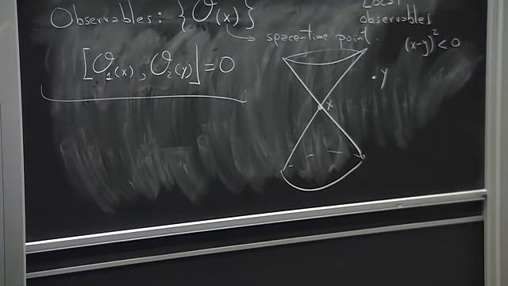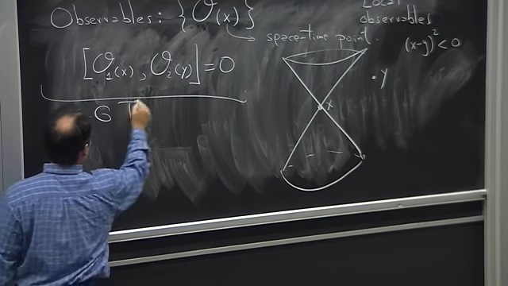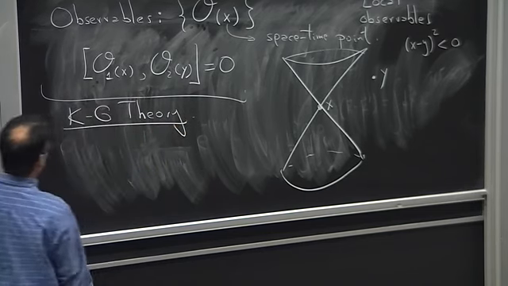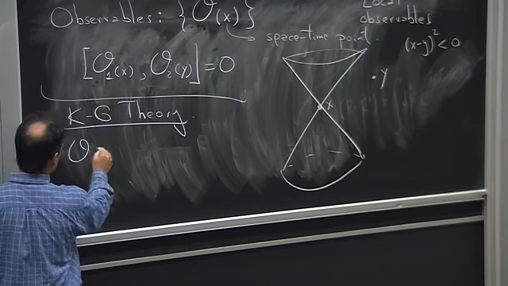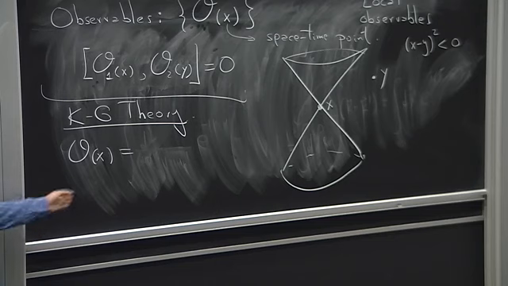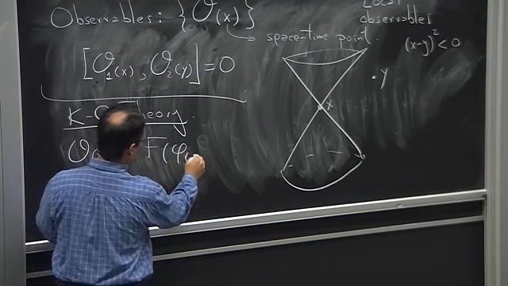Now, for our scalar field, what are the possible local observables? Well, we don't have much, right? We have just the field phi. So for our Klein-Gordon theory, what kind of observables can we imagine constructing? Well, we could imagine functions of phi.